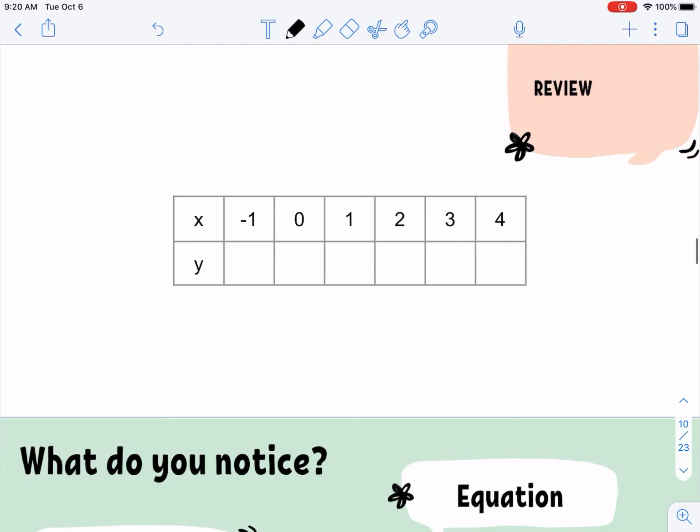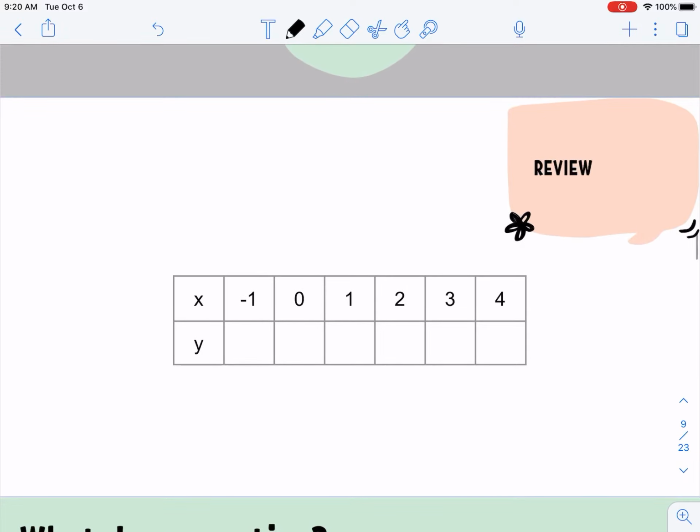All right, so let's start with the table of values. And I am going to give you a linear function. And it's important to distinguish that this is linear. It is not exponential. We previously studied exponential functions. But here's an example of a linear function. I want you to write this down.